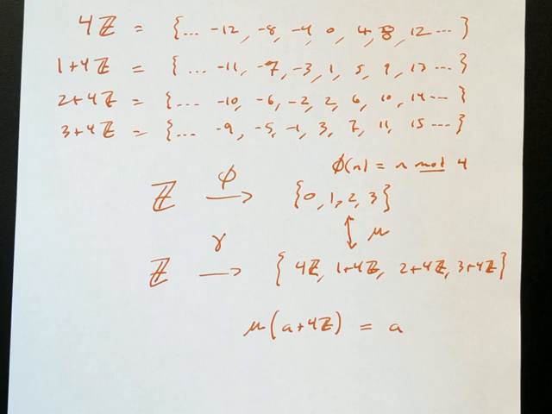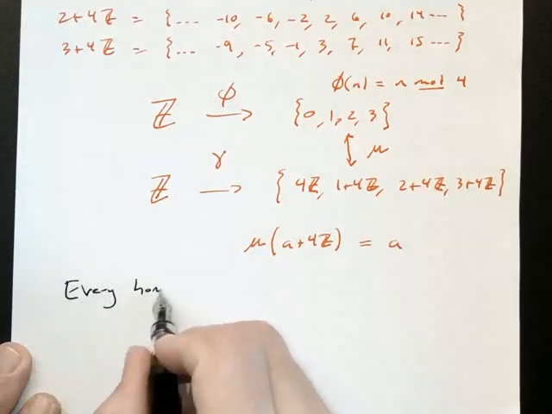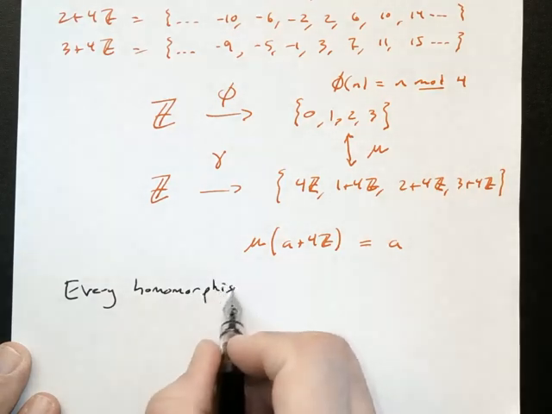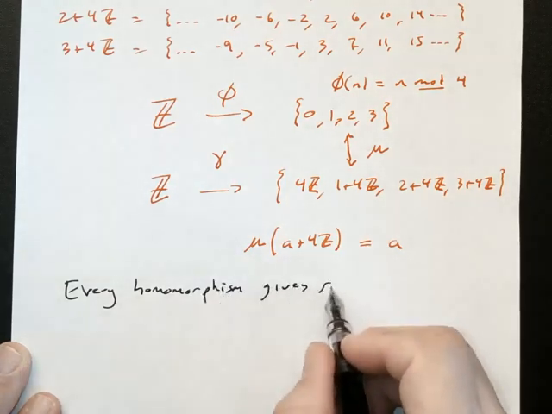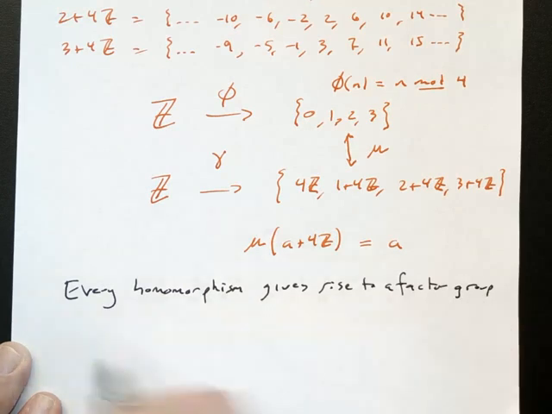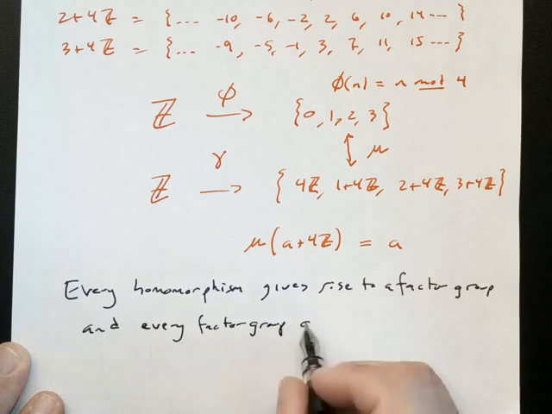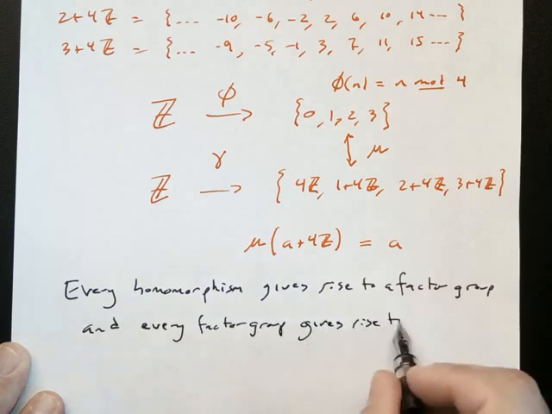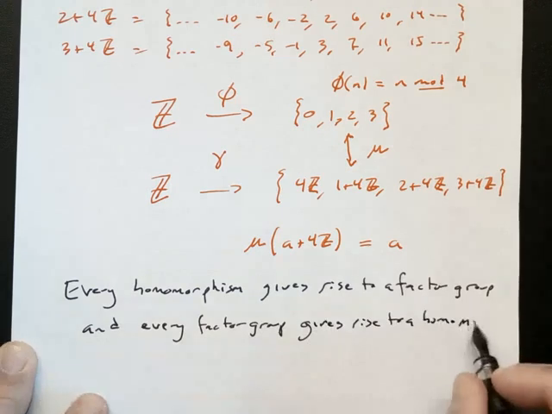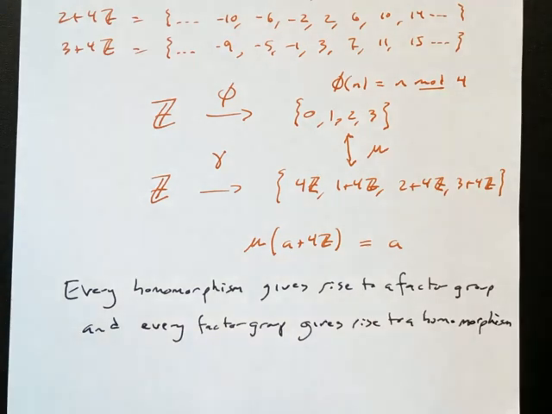The critical statement out of all of this is that factor groups and homomorphisms are interchangeable.